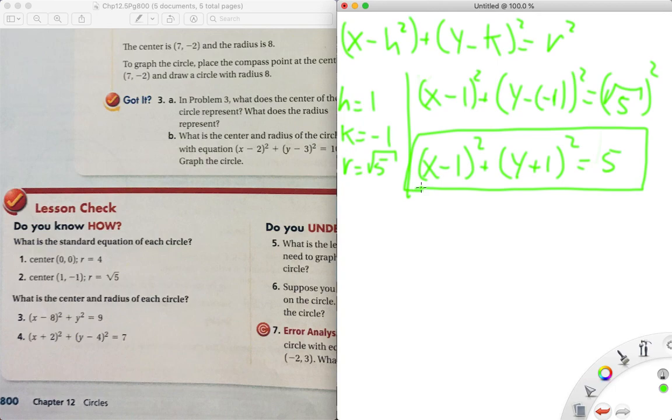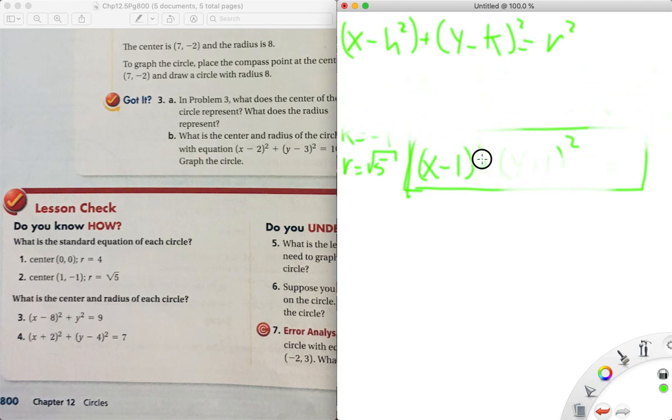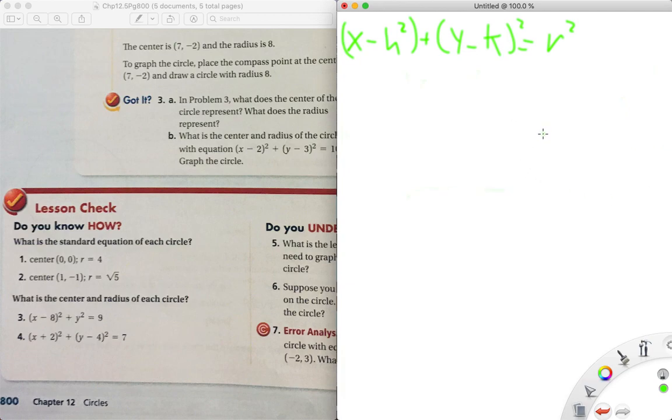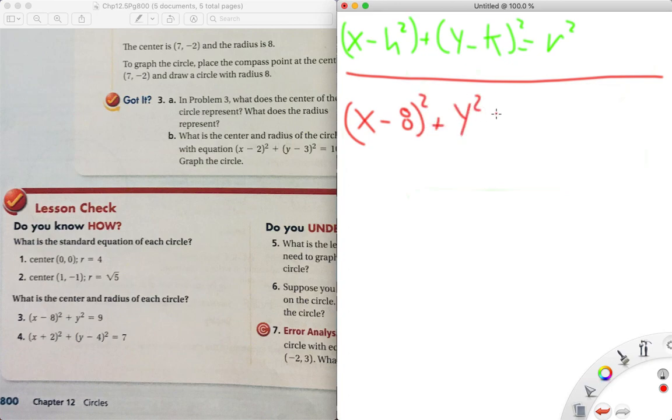For number 3 and 4, they want to know the radius and the center of each circle. So for number 3, they give us the equation x minus 8 squared plus y squared equals 9.